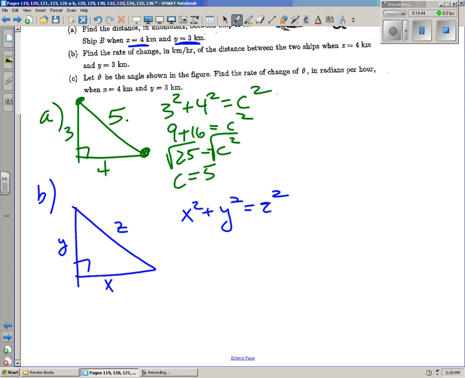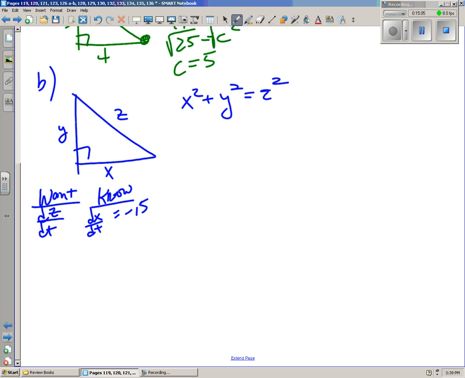So I will write down the Pythagorean theorem. Now we want to find the rate of change in kilometers per hour of the distance between the two ships. So we want the rate of change of z. So we want dz over dt. And we know that dx over dt was negative 15. Look up top if you're not sure. And dy over dt was 10.